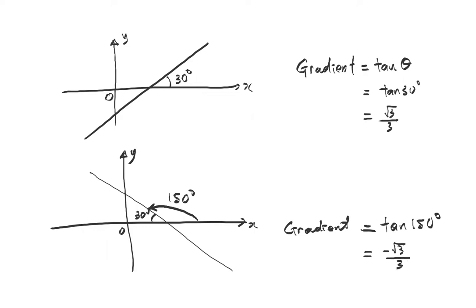So the angle you count must always be anti-clockwise, counted from the horizontal axis. From the positive side of the horizontal x-axis, you go anti-clockwise. That is the angle. So the tangent of that angle represents the gradient of the straight line. Are you clear? So this is a concept.